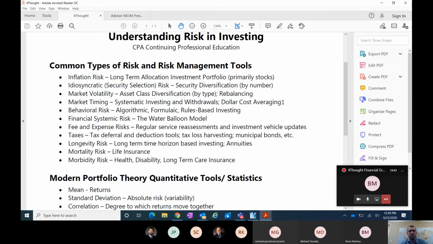One way that you can address this is through regular service reassessments and investment vehicle updates. In terms of regular service reassessments, you need to regularly reanalyze the portfolio to see what costs you're paying, because they do change over time. Sometimes those costs can be changed discretionarily by, for example, the funds that you're investing in.